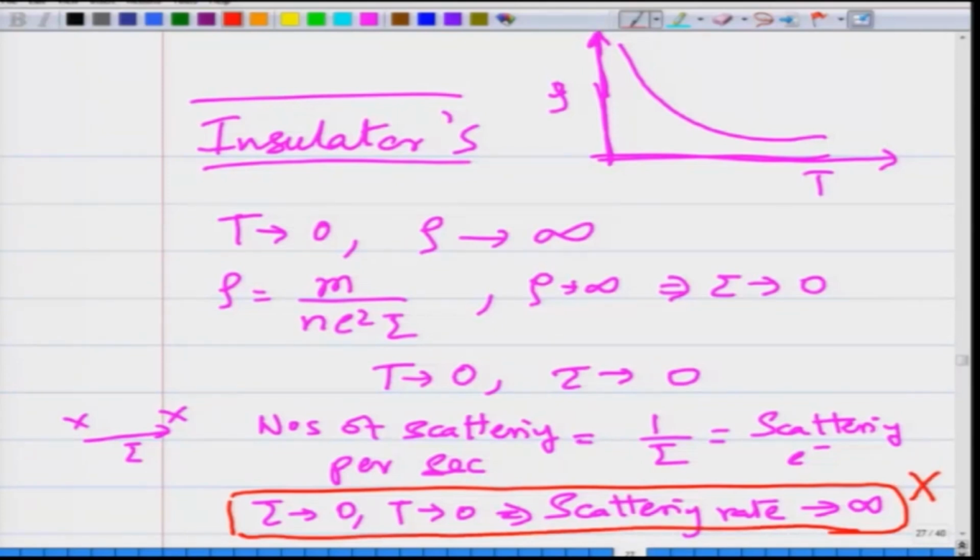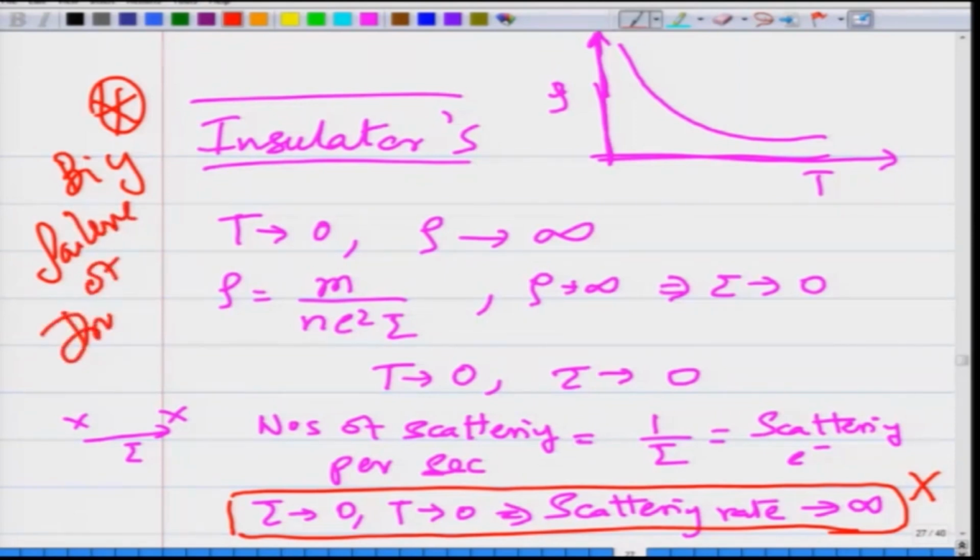This is not possible, and this is one of the major big failures of Drude's model, free electron model. It cannot explain the behavior of insulators.